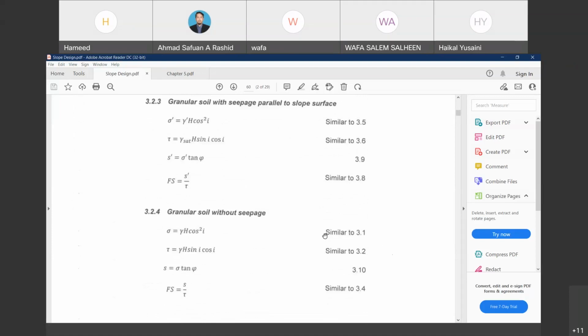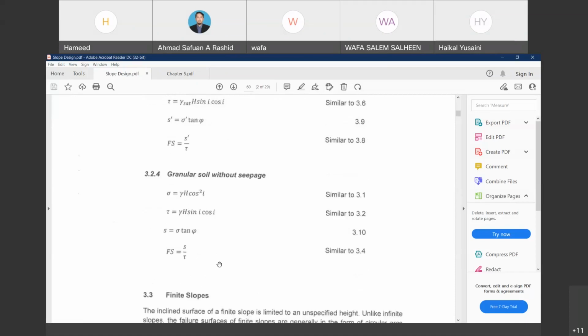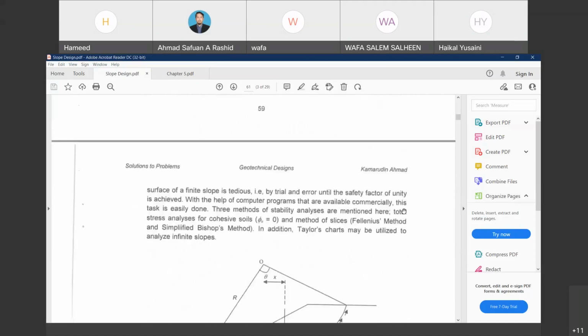For the granular soil without seepage, 3.1 and 3.2 are similar. However, it doesn't have any pore water pressure, so we just multiply sigma with tangent phi, without including the water. Then we obtain 3.4 to get the factor of safety. So now we look at the example.